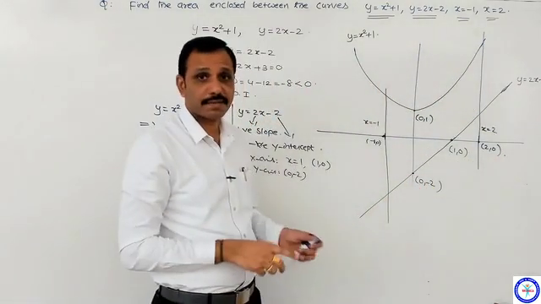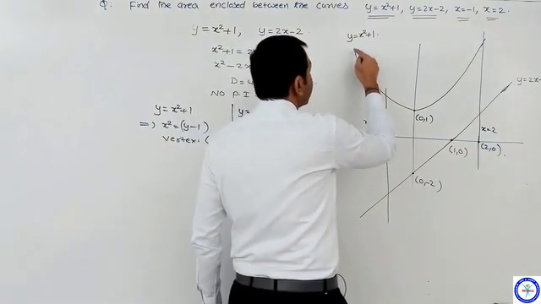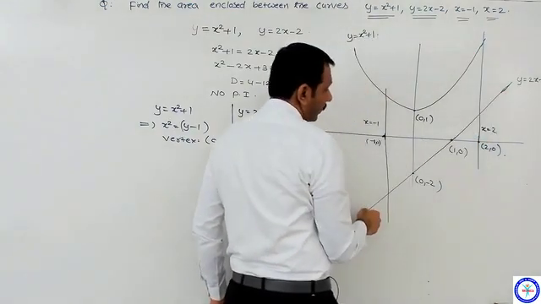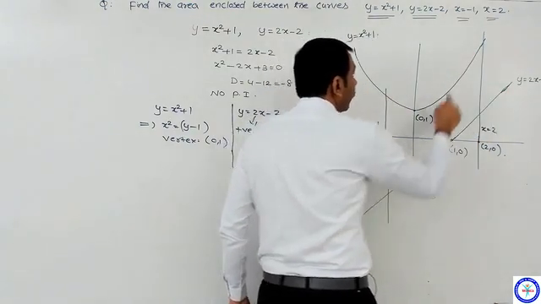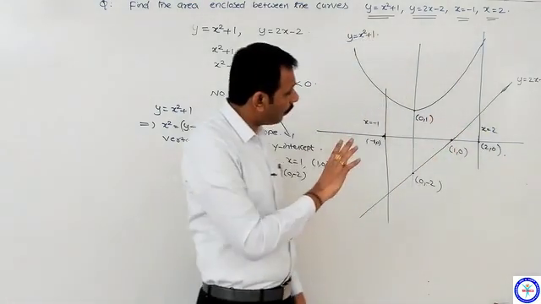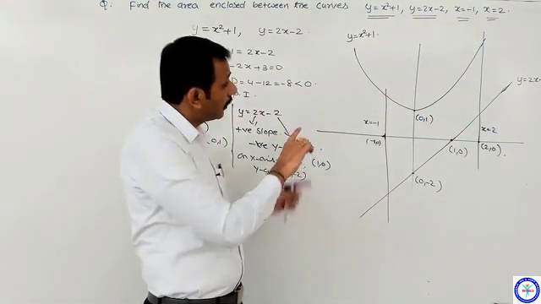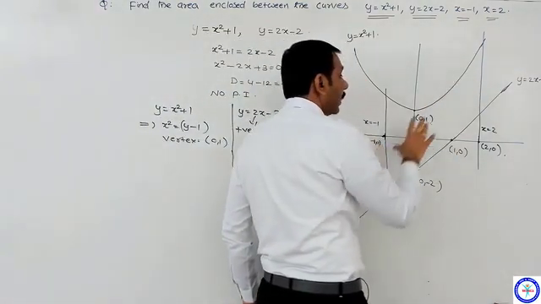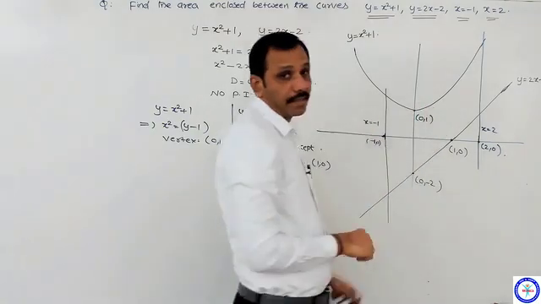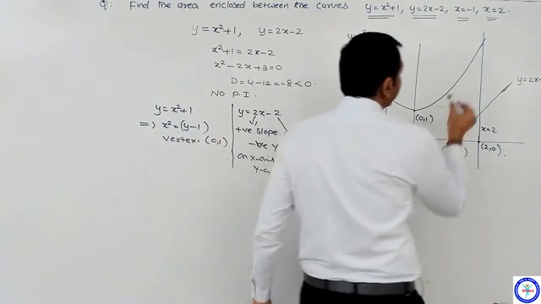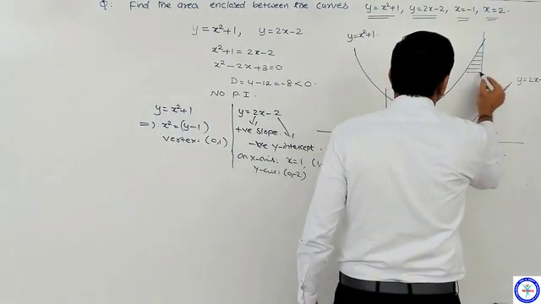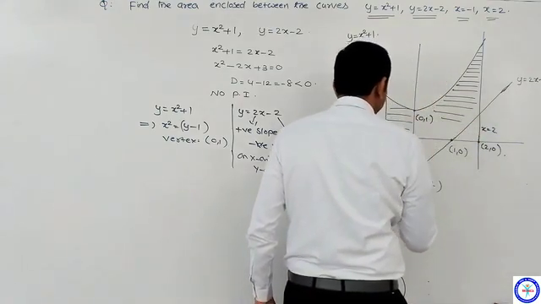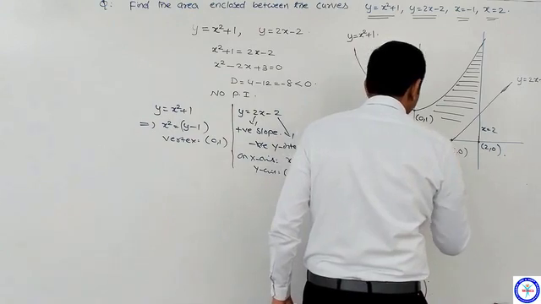Now see this. Area bounded by these curves, y equal to x square plus 1, y equal to 2x minus 2, x equal to minus 1, x equal to 2. Now you observe, is there any closed figure bounded by these four curves or not? Yes, it is a closed figure, and this closed area they are asking. Let me shade that area. Yes, this is the required area.